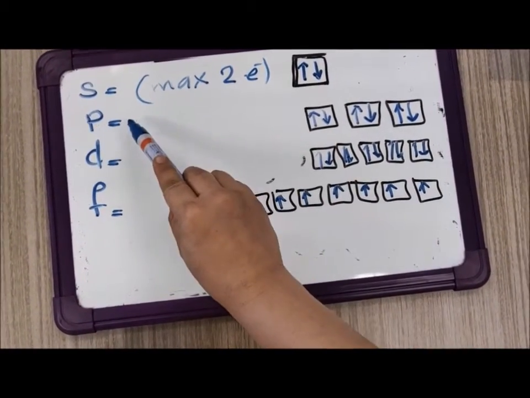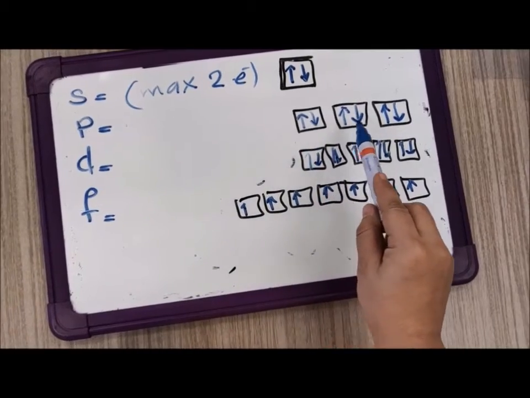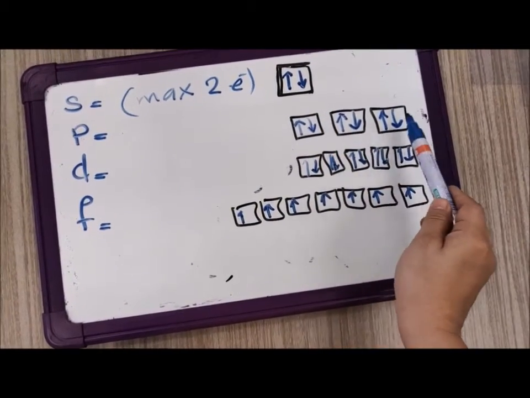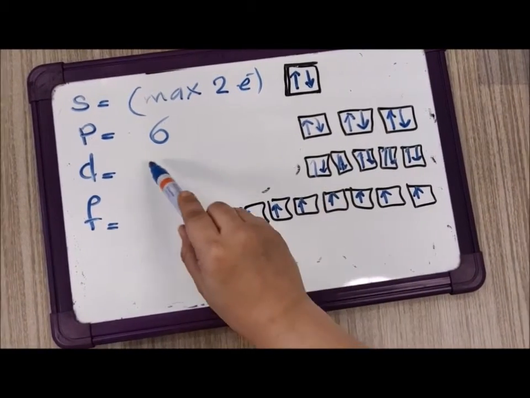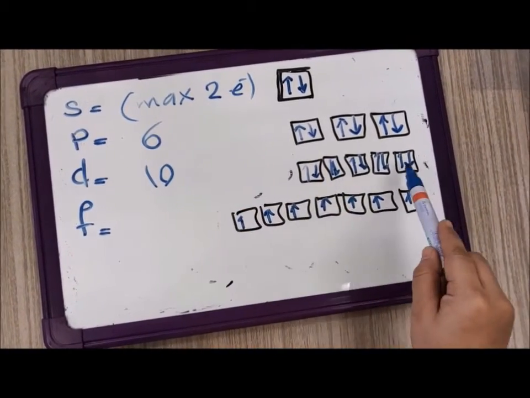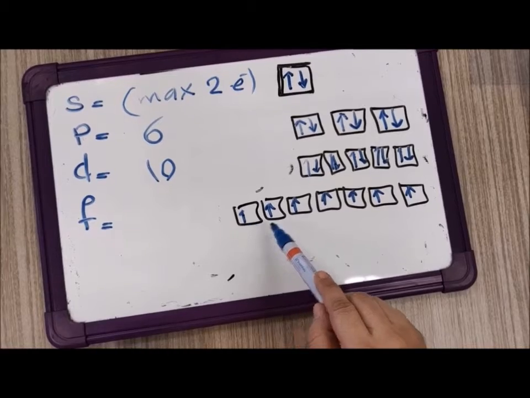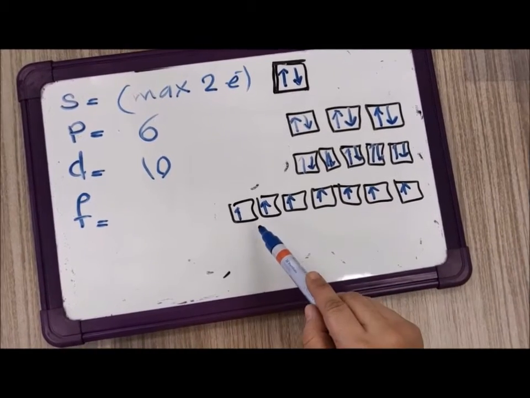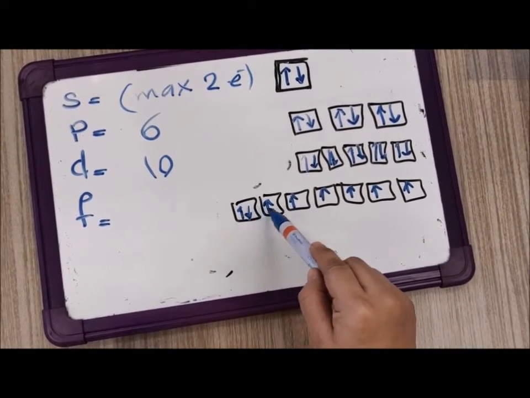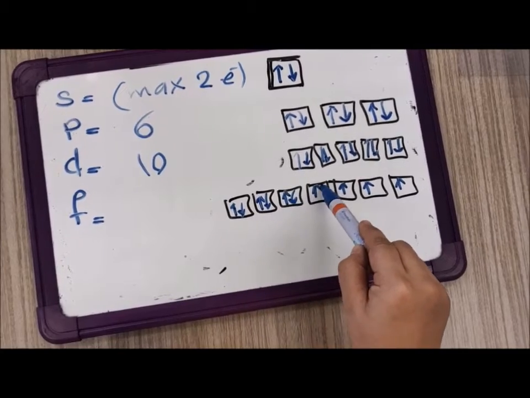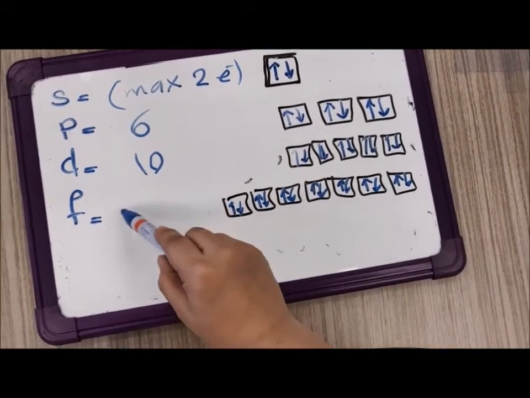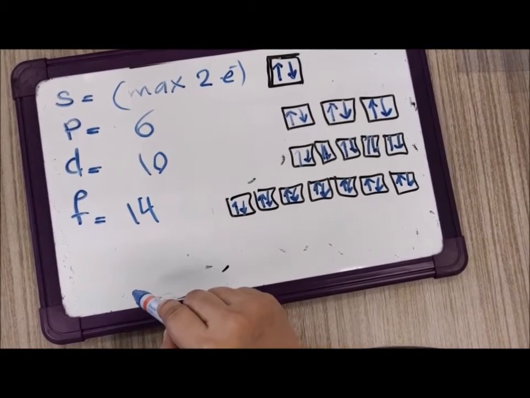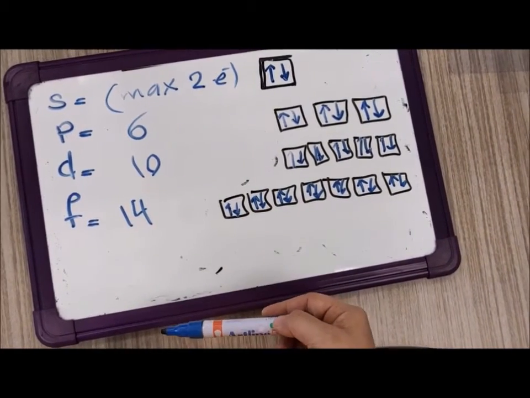The maximum number of electrons that we can put in the p orbital is 1, 2, 3, 4, 5, 6. So it's 6. And for the d orbital it is 10, because it's 5 times 2. And for these 7 orbitals, each takes 2 electrons in pairs, which becomes 14. And it continues like this.